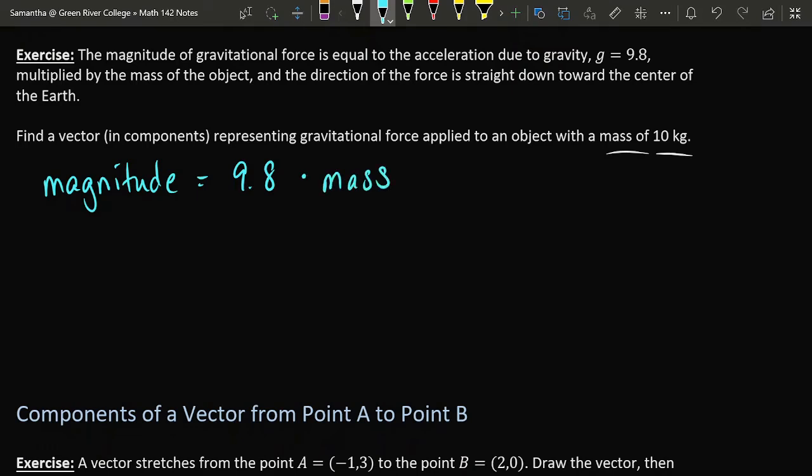This is a specific formula for the gravitational force applied by Earth to an object. So the mass of the object was 10 kilograms, and if I multiply that by 9.8, I get a magnitude of 98 units.